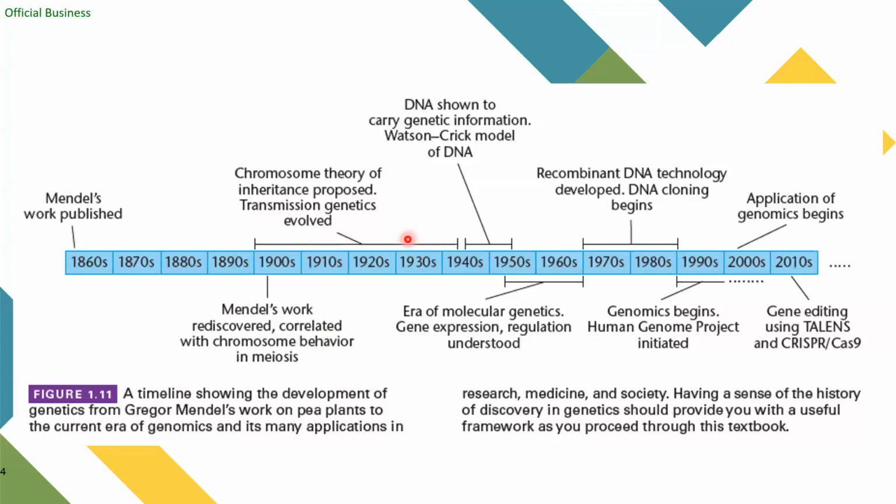And you have the chromosomal theory of inheritance that starts to be proposed during that time, because major scientific discoveries had started to emerge. Basically, they had discovered DNA, they had discovered proteins, and they were trying to determine what proteins are made up of.